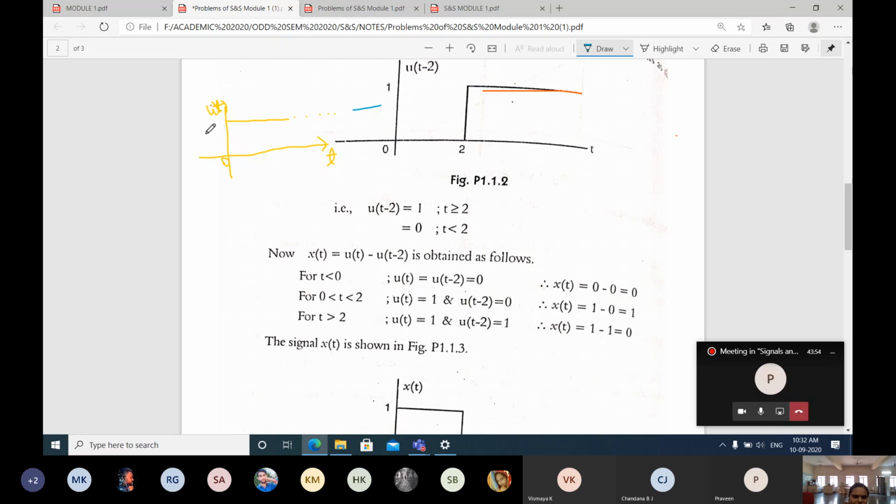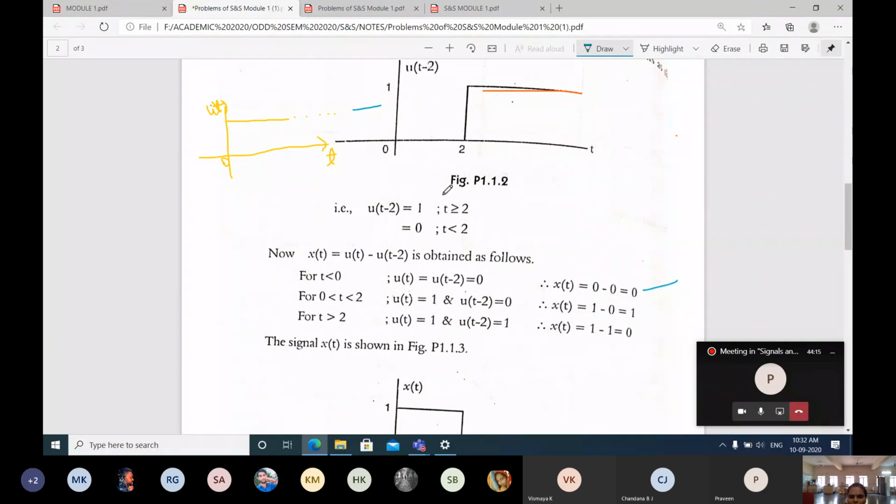The amplitude values are 0 here and also here. For that reason it is 0. Next, what is our operation? x of t is u of t minus u of t minus 2. u of t is 0, minus u of t minus 2 which is also 0. You will get 0 only.